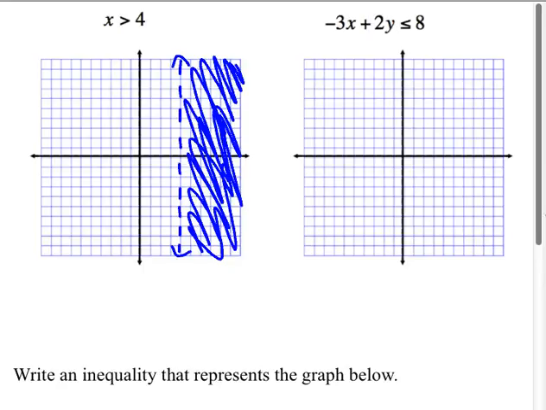And finally, what about this last one? This last one isn't written in slope-intercept form. So now I need to get it into slope-intercept form before I can graph it. So I'm going to add the 3x over.